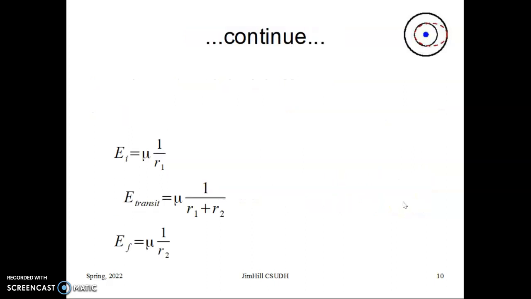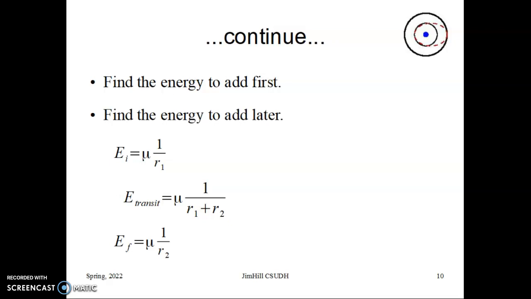Now I go back and say what I really wanted to know was how much at each stage to fire my thruster engines. So I want to find the energy to add in going from the initial orbit to this so-called transit orbit. And then I'm going to do separately the energy to go from the transit orbit to the final orbit.